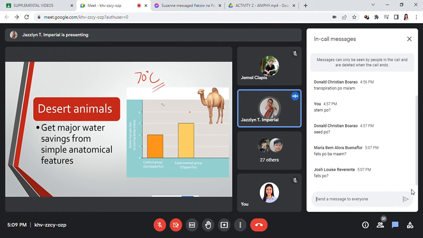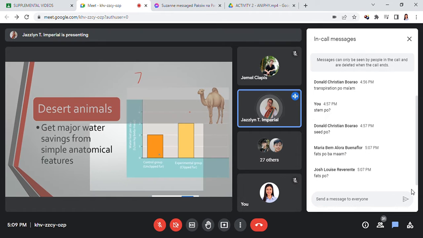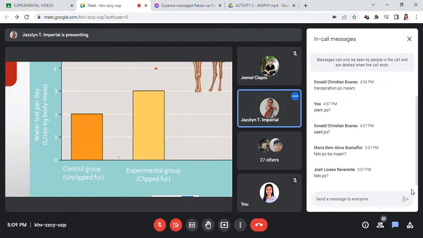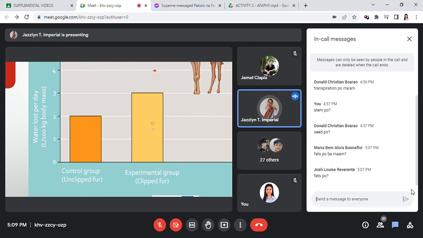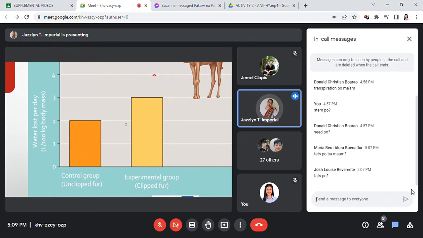Based on this figure, you will see that the control group, with unclipped fur, loses about 2 liters of water per day per 100 kilograms of body mass. When they clipped the fur, class, the water loss increased by almost half of the original.